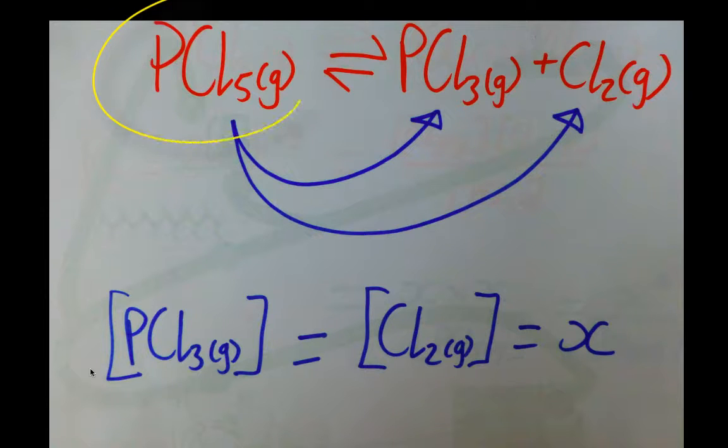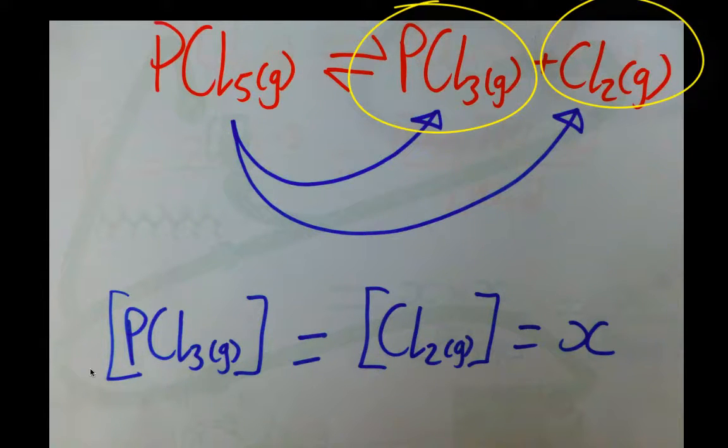Now, we know that every time one molecule of PCl5 breaks down, we get one molecule of PCl3, but we also get one molecule of Cl2.